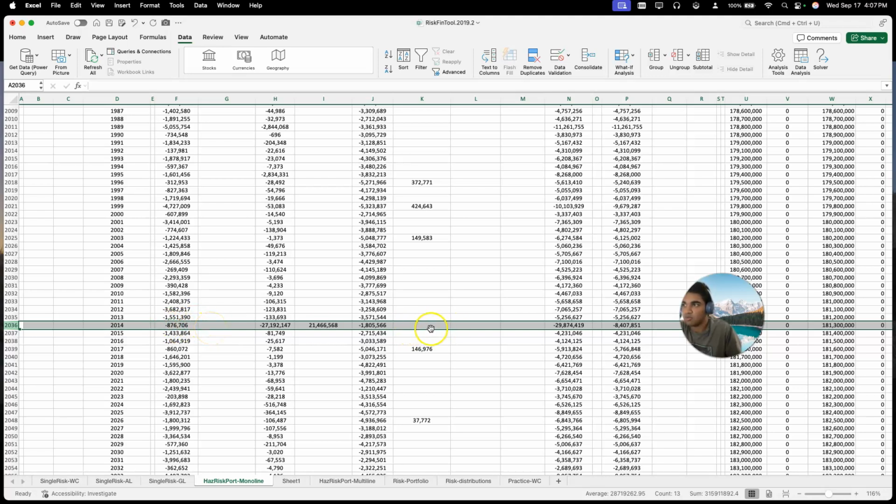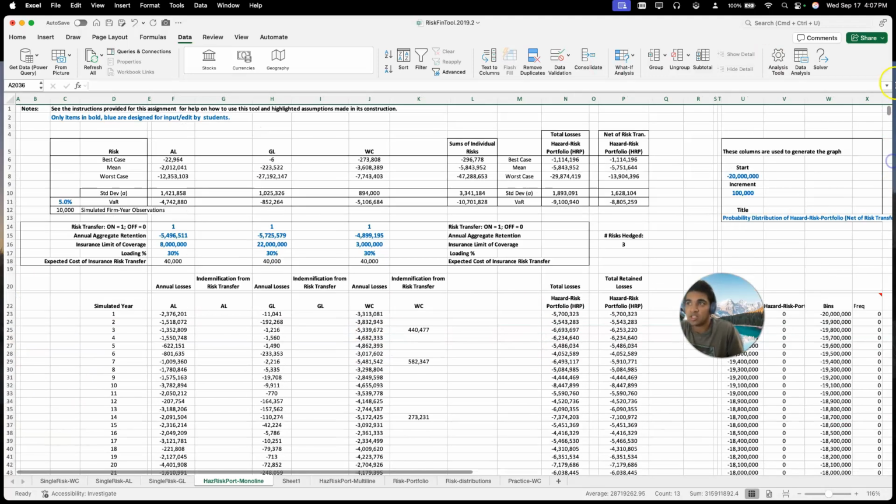I think workers' comp was over here, and auto liability was over here. It's not efficient. You should be saving more money. But that's not the purpose of this assignment. The purpose of this assignment is just to learn that it's not an efficient process, and that in a future assignment we will be learning a much better way. But let's go ahead and look at the assignment that we have to do.